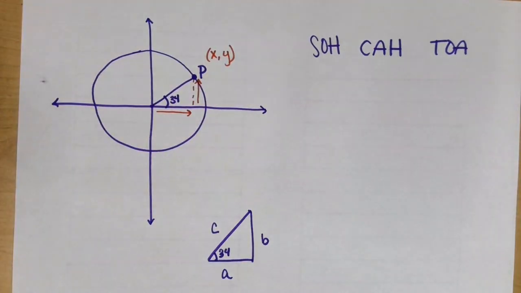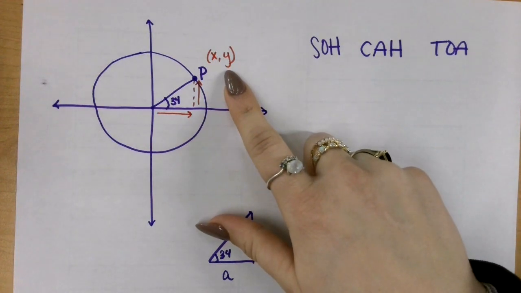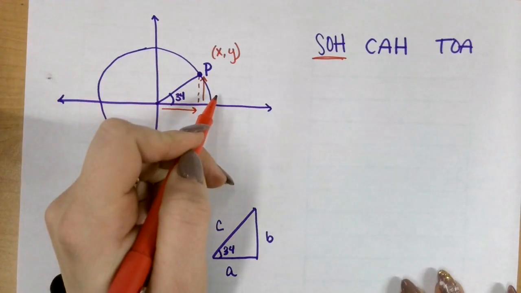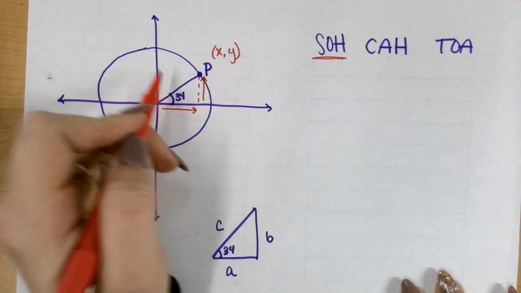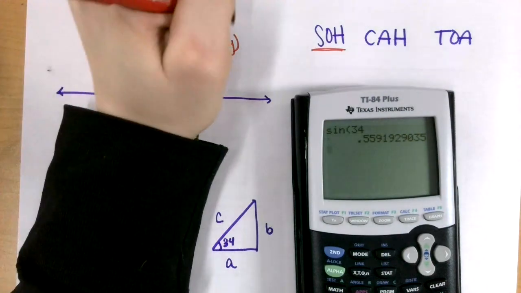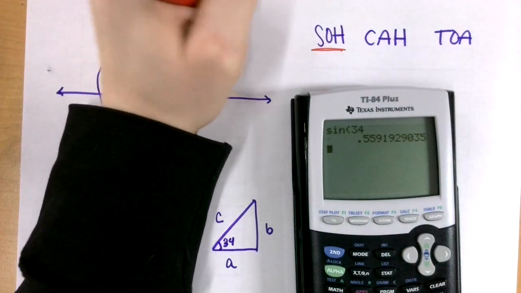So we already know that our y value is our height, and height comes from using sine, because that is our opposite over hypotenuse. So we can simply take our calculator and type in sine of 34, and we'll get 0.56 here.